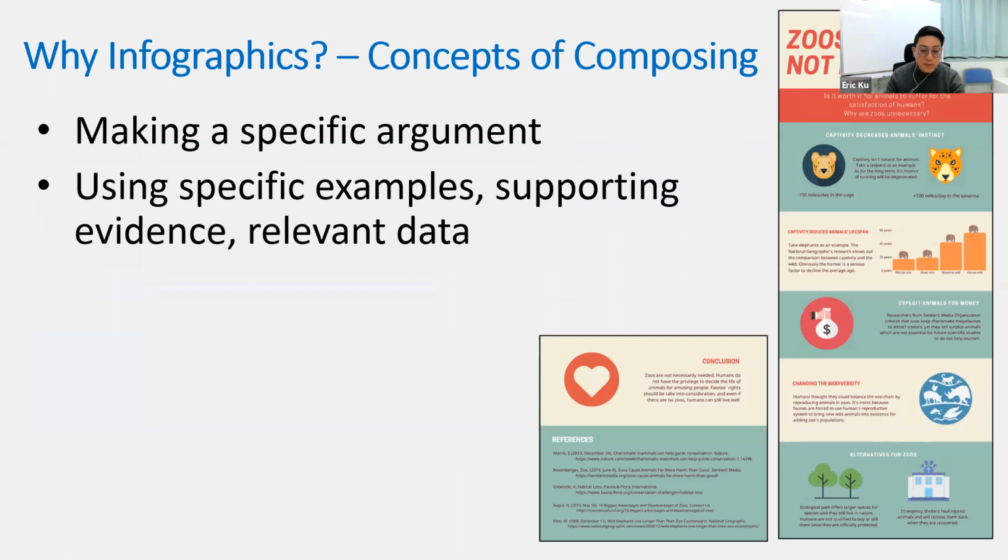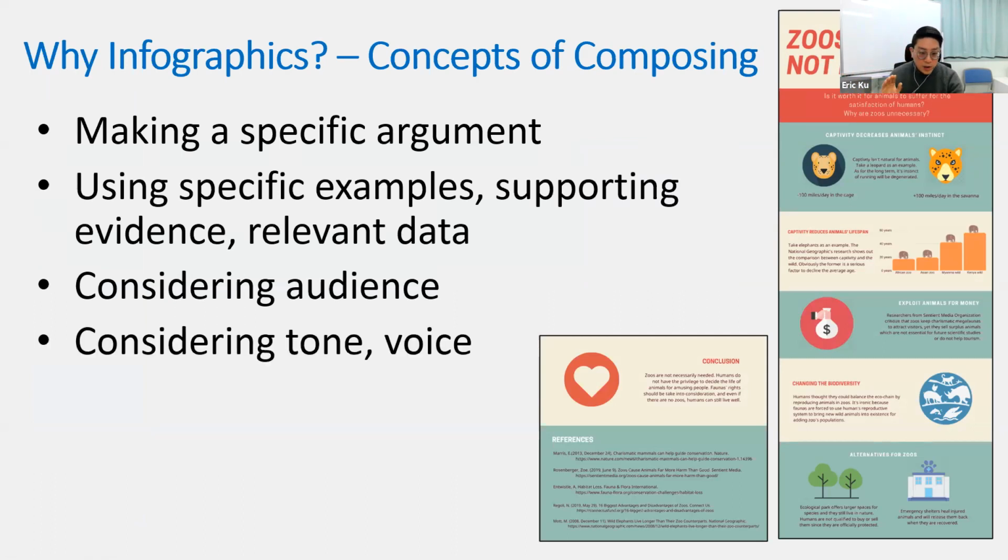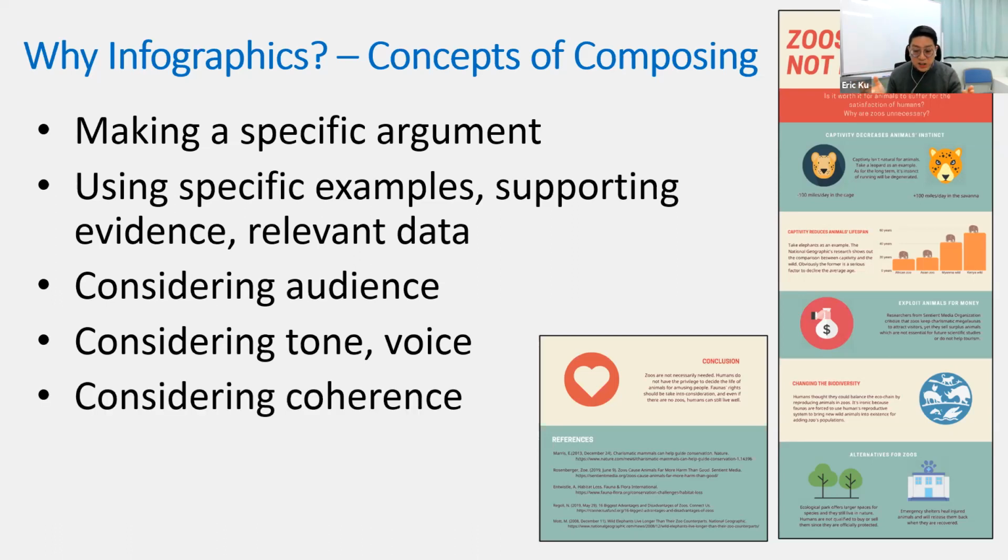Having to use specific examples, supporting evidence, relevant data, having to consider audience, considering tone and voice. What kind of tone are the visuals and the colors and the images conveying? Considering coherence. Is this infographic conveying a coherent message?